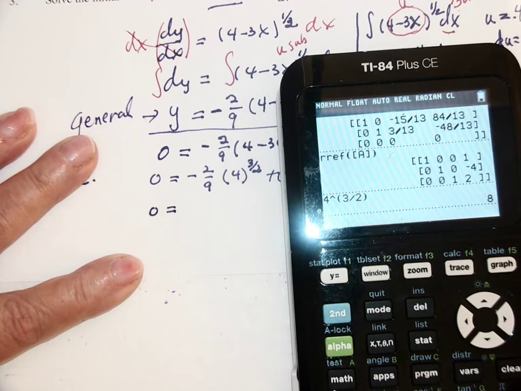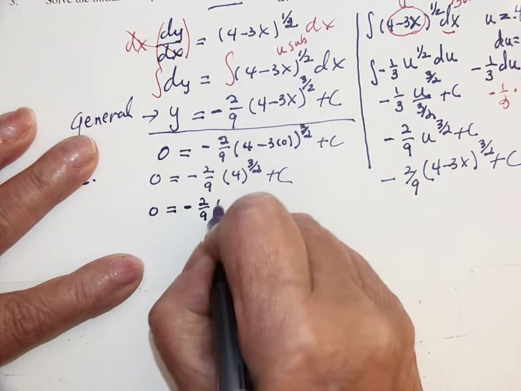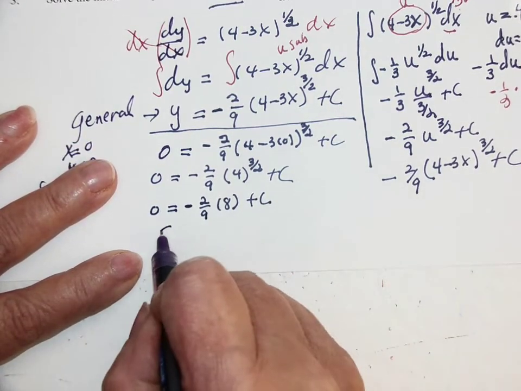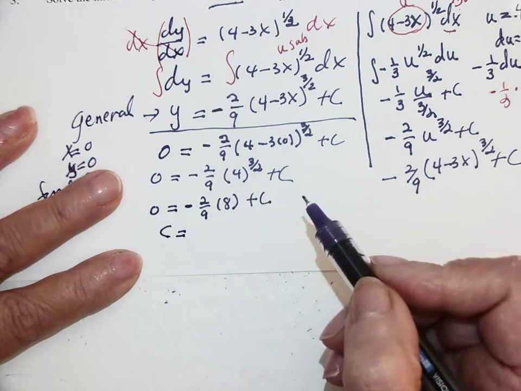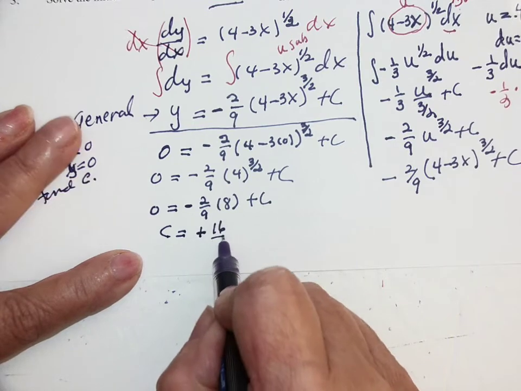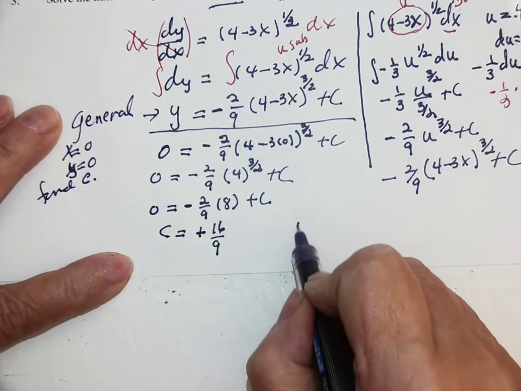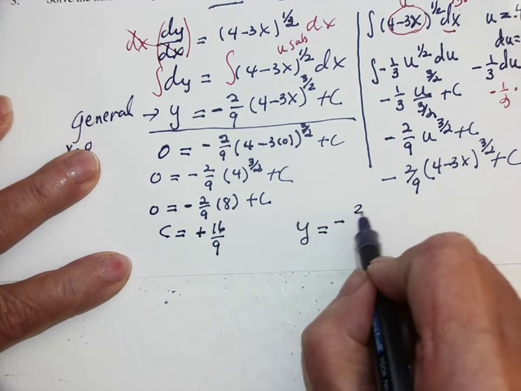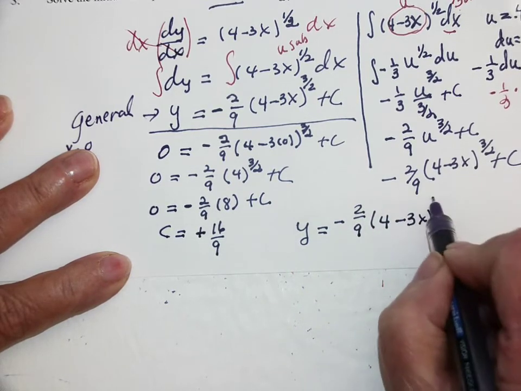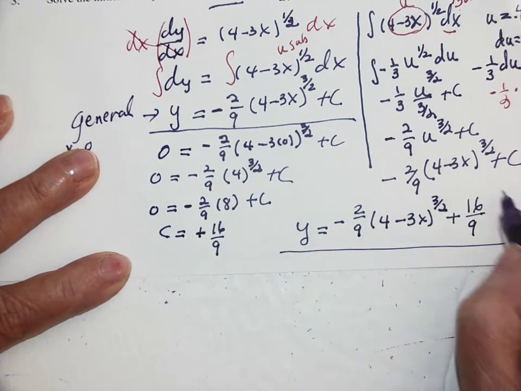That comes out to 8. So it's negative 2 over 9 times 8 plus c, and c is positive 16 over 9. So my answer: y is negative 2 over 9 times 4 minus 3x to the 3 halves plus 16 over 9. This is the specific solution.